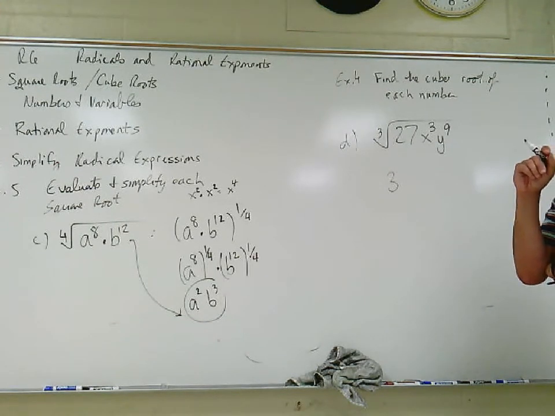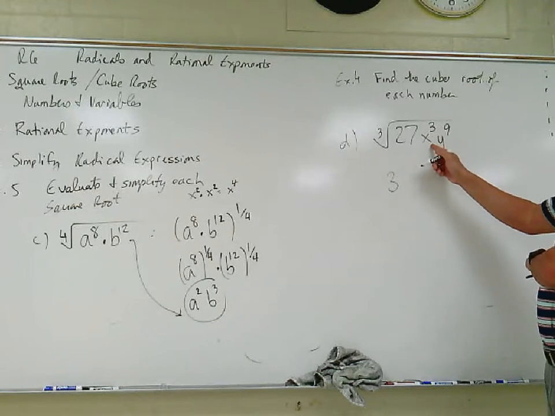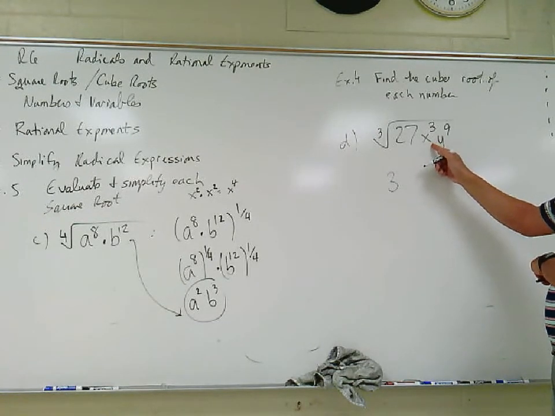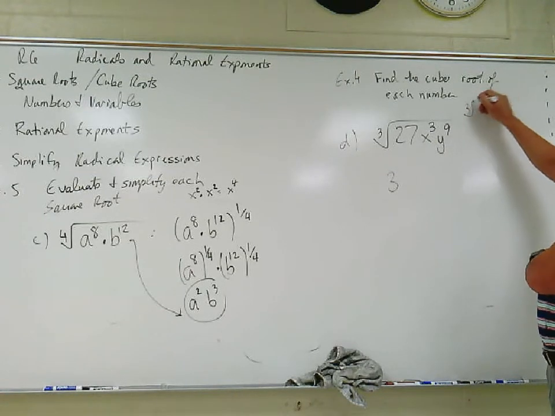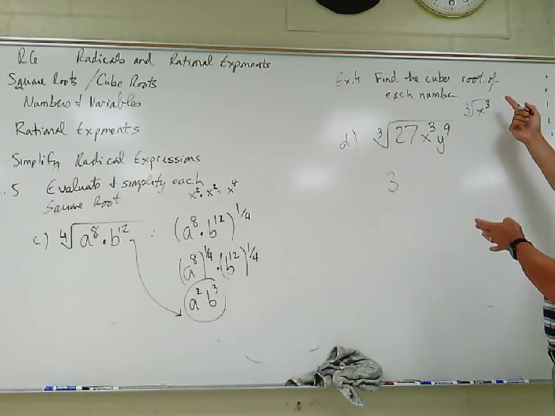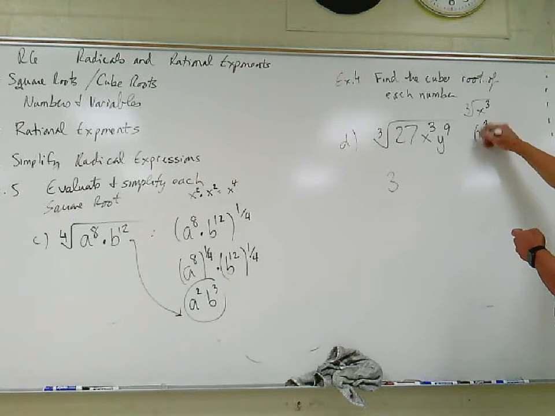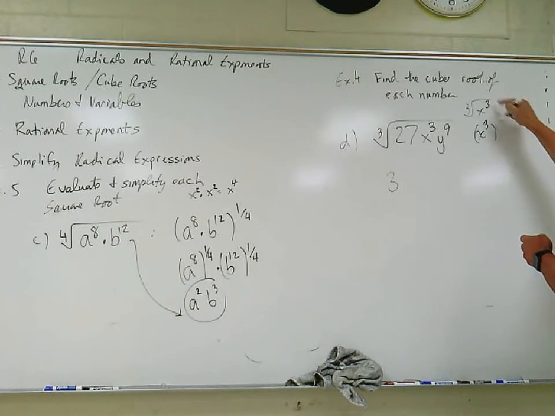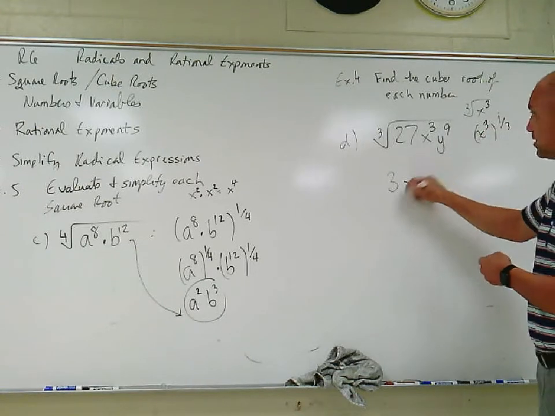X, right? Because cube root, what is it asking? What times what times what gives you x cubed? It's gotta be x times x times x. Everybody with me on the cube root of x cubed? The other way you can look at it is x cubed to the what power? Cube root is the same as to the 1/3, and notice it will cancel, just gives you x.